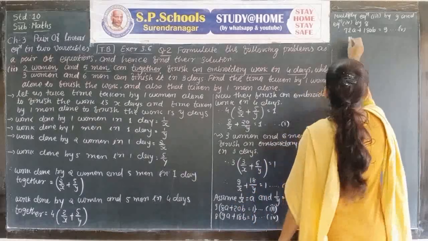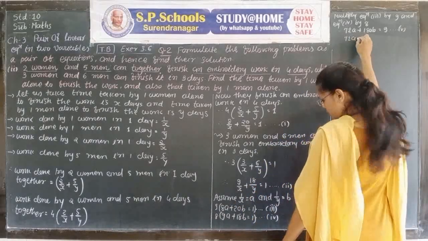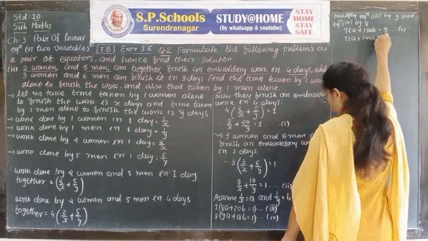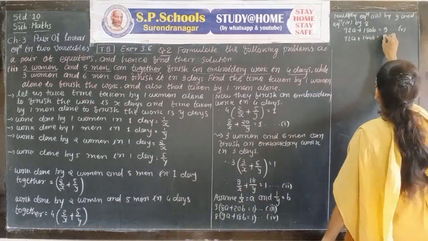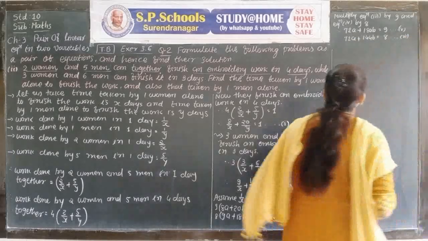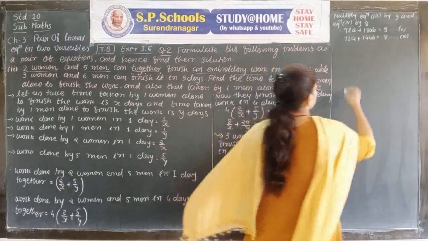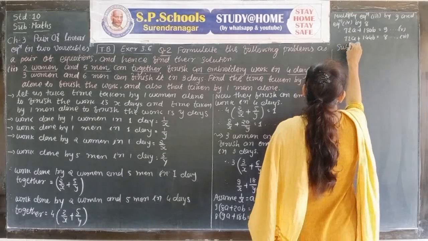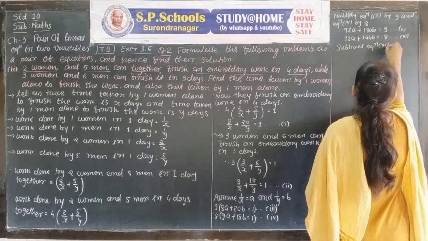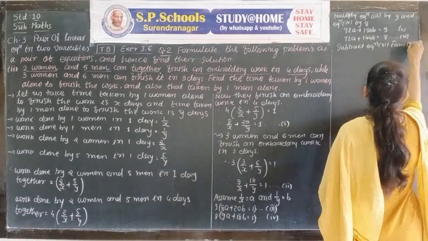8 9s are 72a plus 18 8s are 144b is equal to 8 1s are 8. Equation number 6. We subtract both the equations. Subtract equation 6 from equation 5.